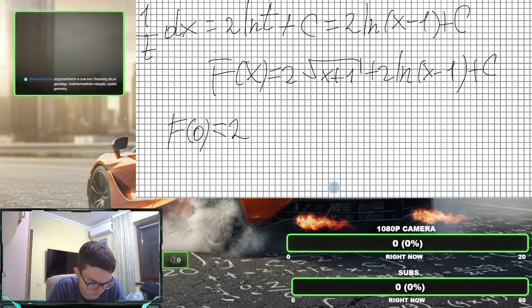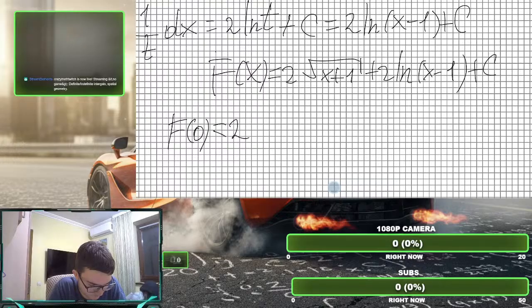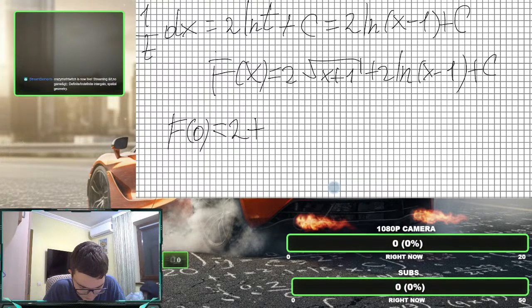So f of 0, that's 2. But it's saying that 2 plus c, so c is equal to 2. So yeah, it's 2.